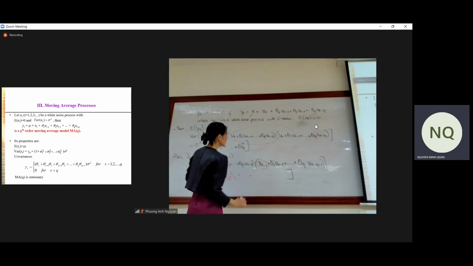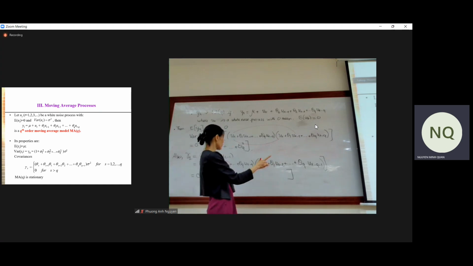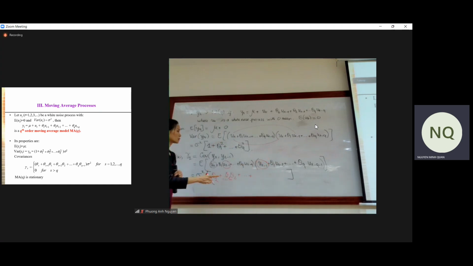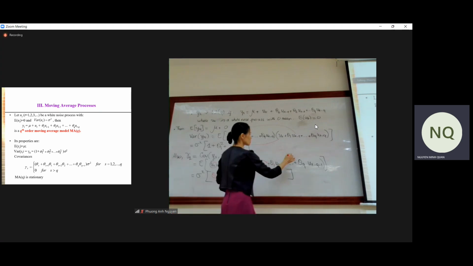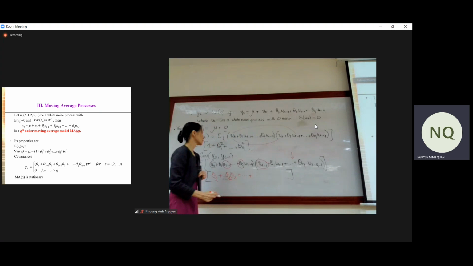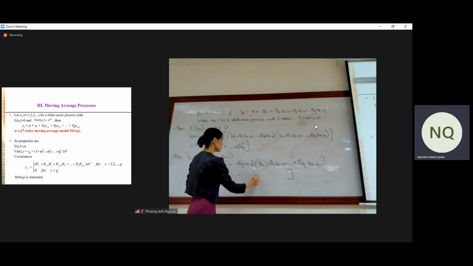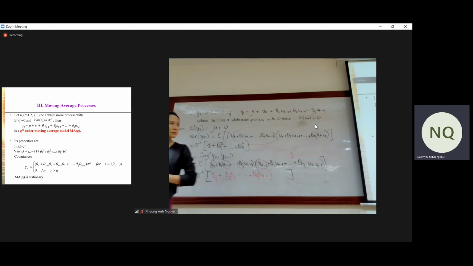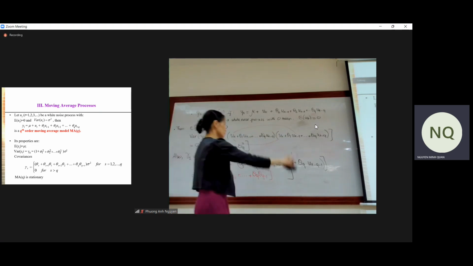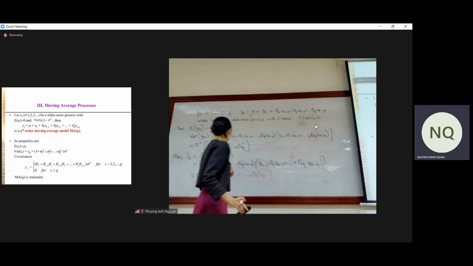How about the last term? Minus Q, I think we have something like here, right? And the one just before, theta Q minus 1. That's it, Q minus 1, just the last term there.